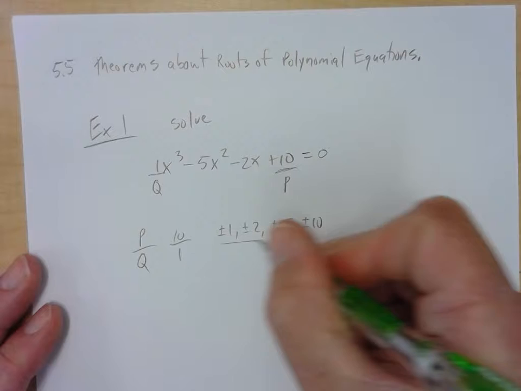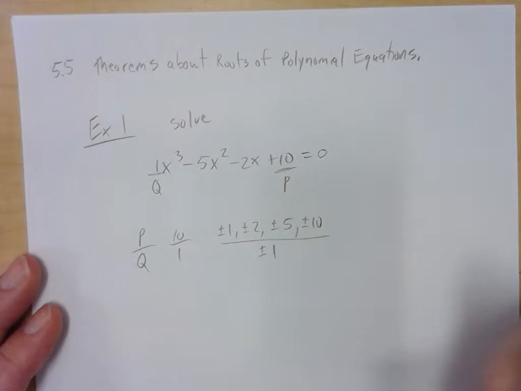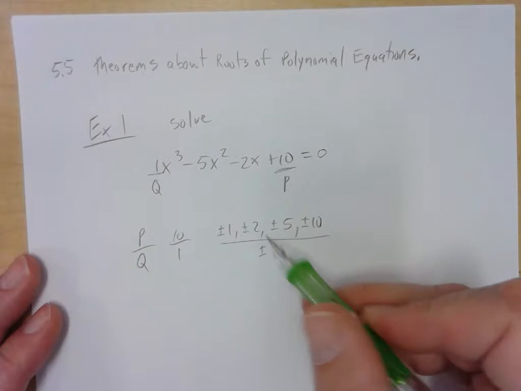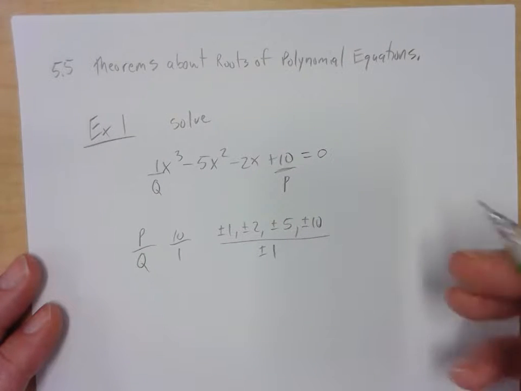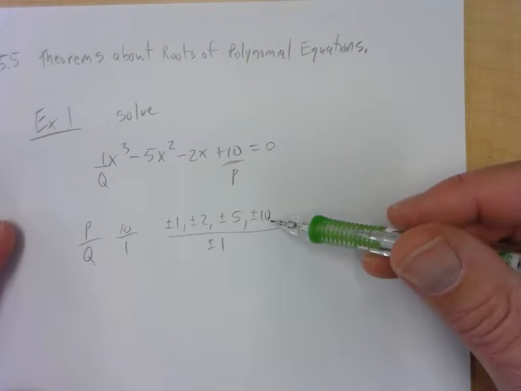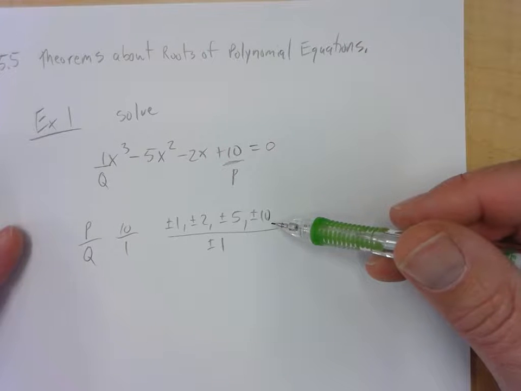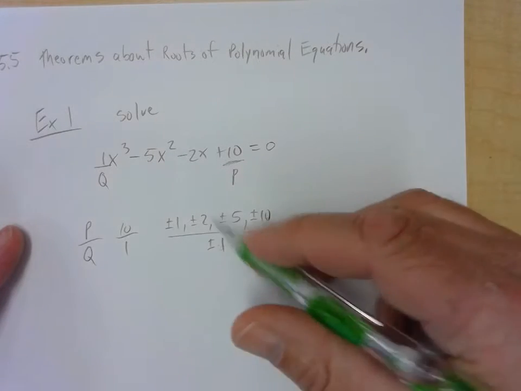I'm going to divide that by plus or minus 1. So we ratio p over q. So 1 gets divided into all of these numbers. But when 1 divides into all those numbers, the numbers on the top of the fraction, in the numerator, do not change values. So you're just dividing 1 into those 4 numbers, like you're distributing the division.